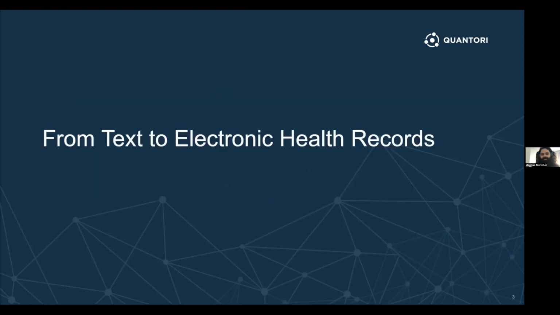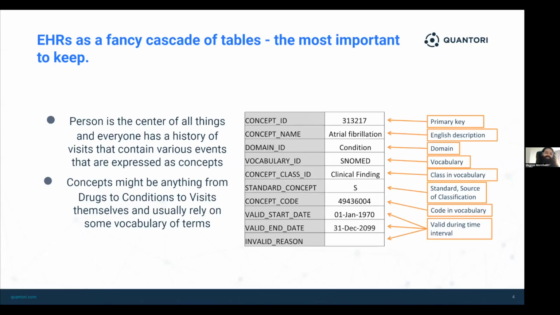So going from text to the electronic health records. So the first thing, what is EHR at all? It's basically a fancy cascade of tables. And the most important thing is basically just to ask the right question. There are just too many tables. And okay, so the EHRs, it's basically just a lot of people and everything is centered around them.